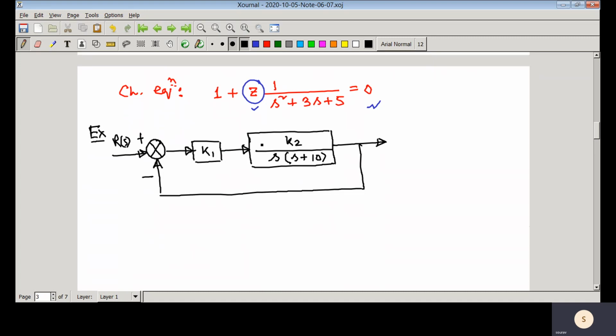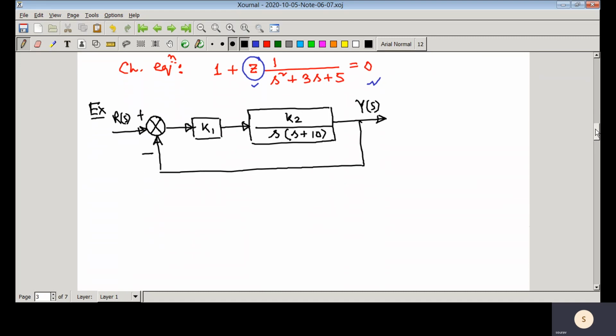So now the first objective is to formulate this problem in root locus framework, and here we can see that k1 is that gain, we can consider it as a proportional controller, and k2 is the open loop gain. So these two gains are varying.